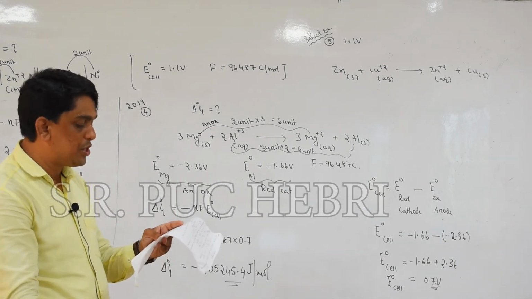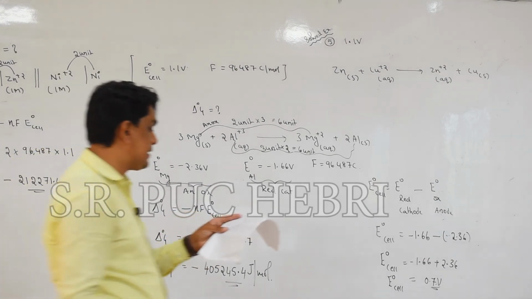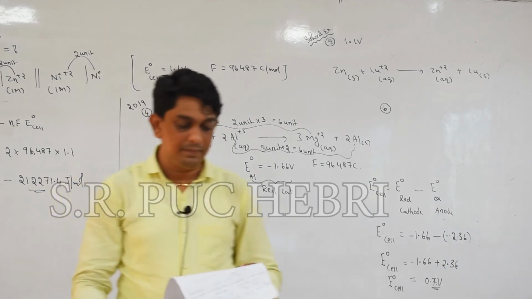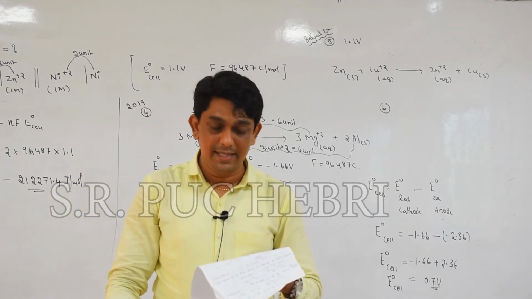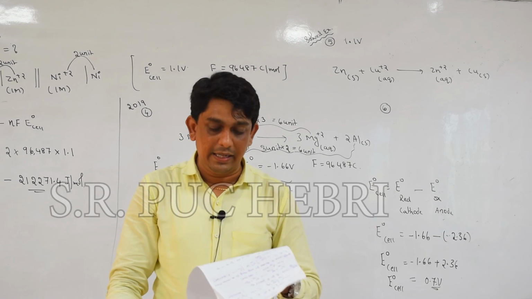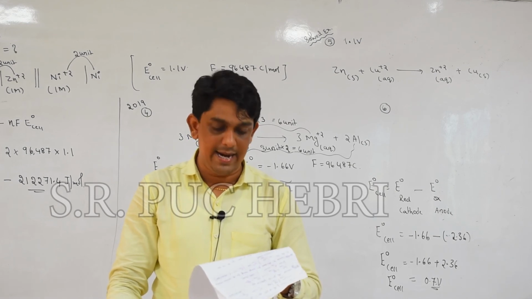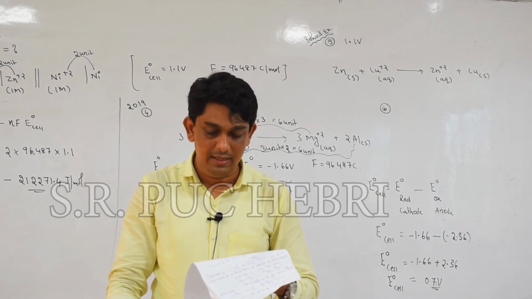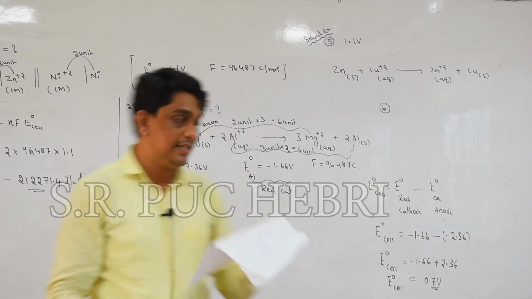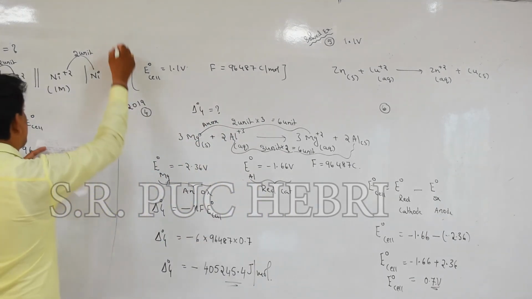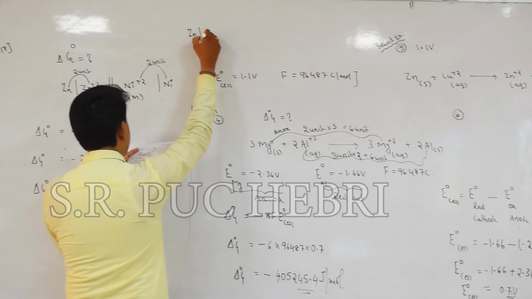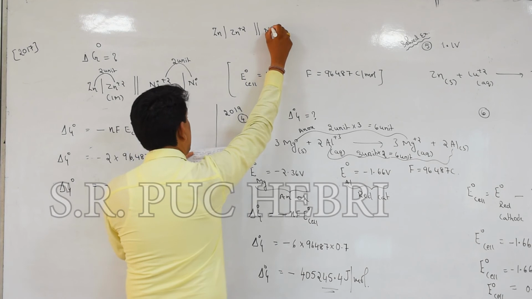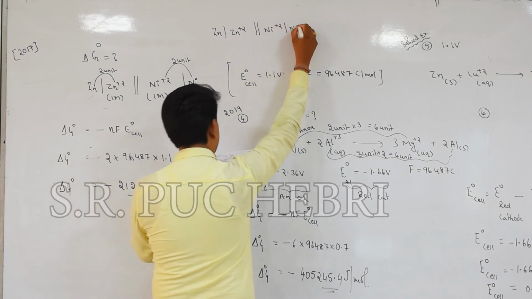There's one more homework question let me give. Question number 6, please take it. Let me read the question. Calculate the maximum possible electrical work that can be obtained from the following cell under standard conditions at 25 degrees Celsius. Let me show you the cell representation they are giving: zinc ion, salt bridge, nickel ion and nickel.